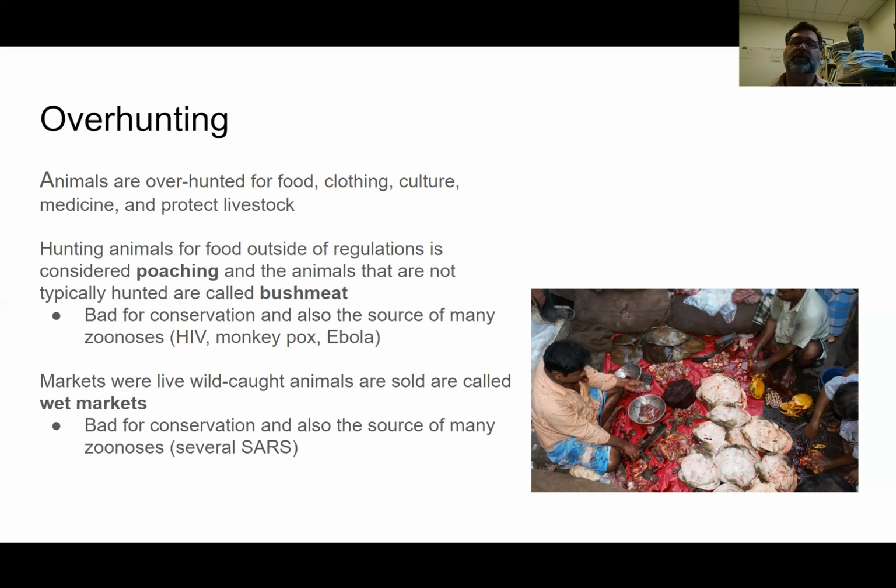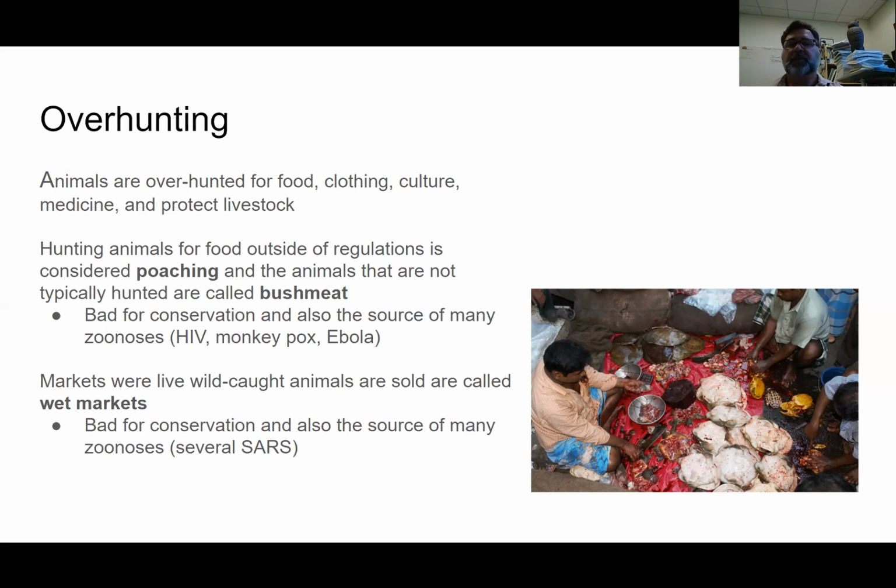Okay. Not only is the harvesting of bushmeat and poaching bad for conservation, I should point out that bushmeat is also the source of many zoonotic diseases, including HIV, monkeypox, and Ebola.